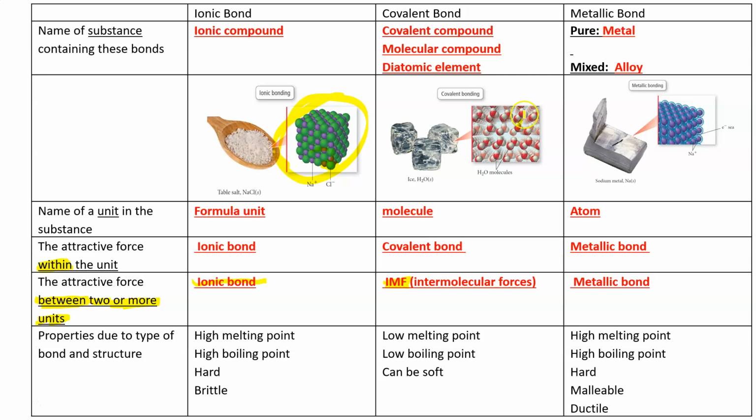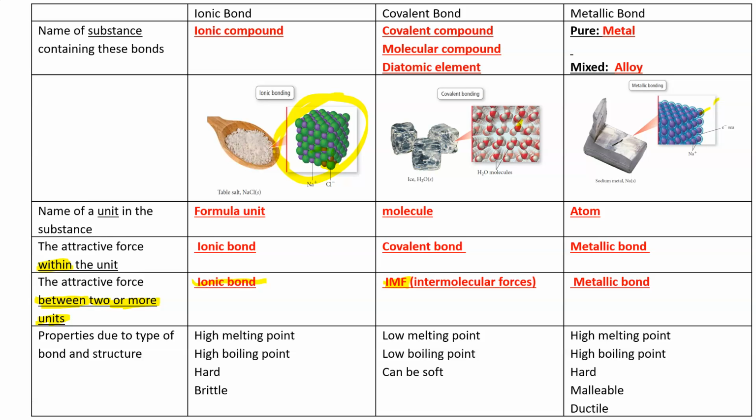The attraction between the intermolecular force is not as strong as the bond within the molecule. Metallic bonds, again, kind of like ionic bonds, if I were to pull off one atom, it takes the same amount of energy as if I were to try to separate 2 or 3 of them from the metal. We'll spend some more time on that.